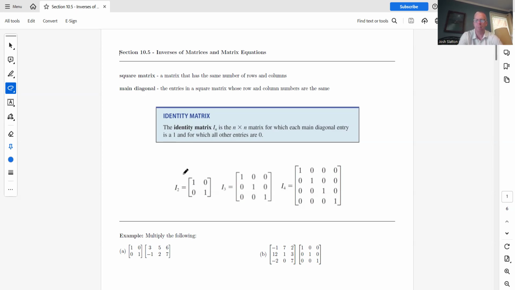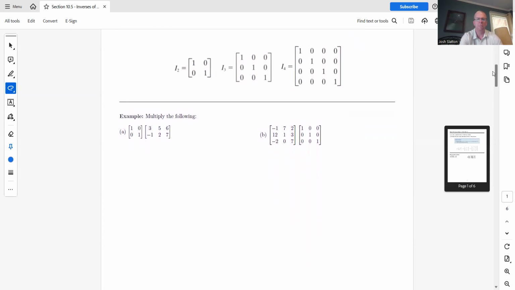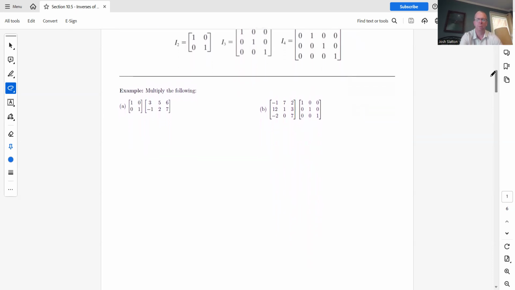Same thing with the identity matrix. If you multiply any matrix by the identity matrix, you just get that matrix back. And so that's why it's called the identity. So let's see how this works. You can work these out if you want, but if you see any matrix multiplied by the identity matrix, then the answer is just going to be this matrix here.